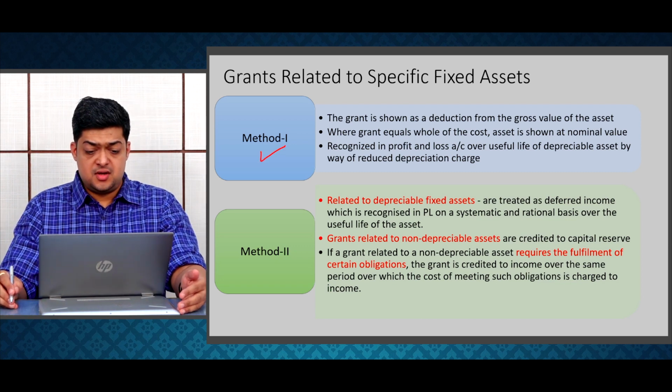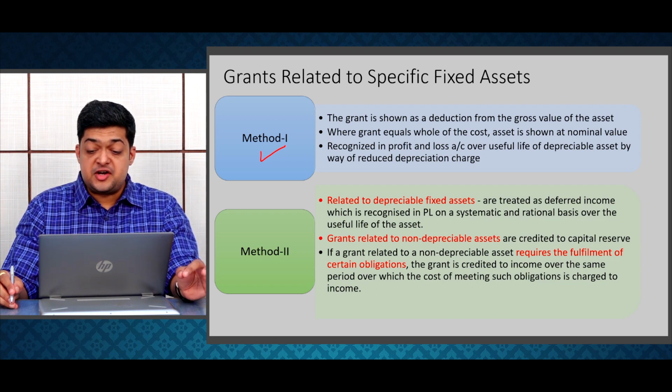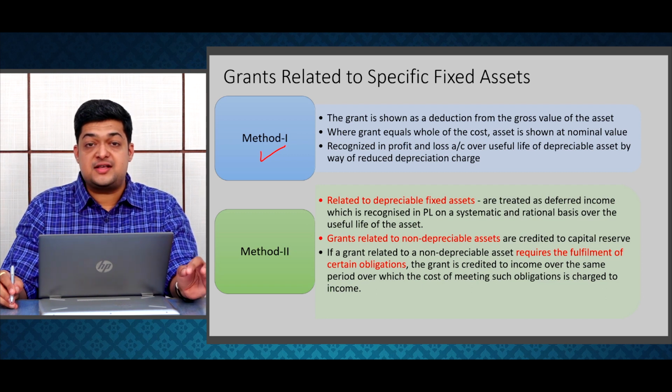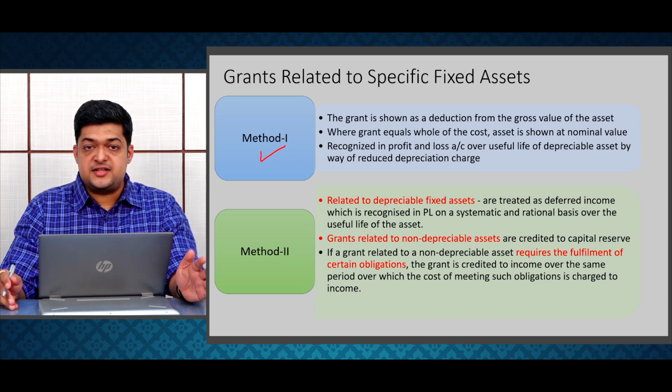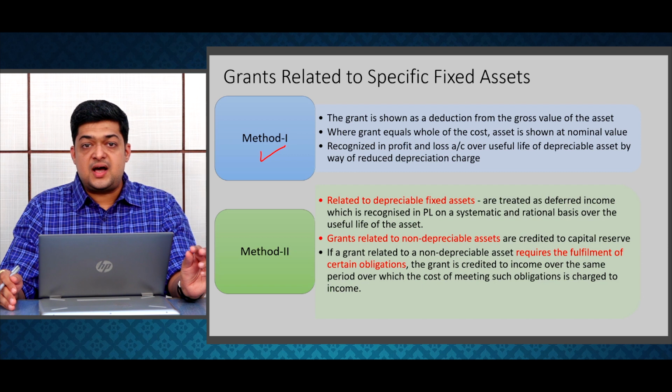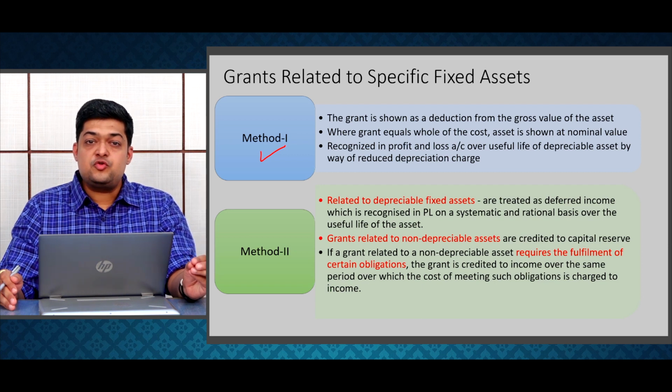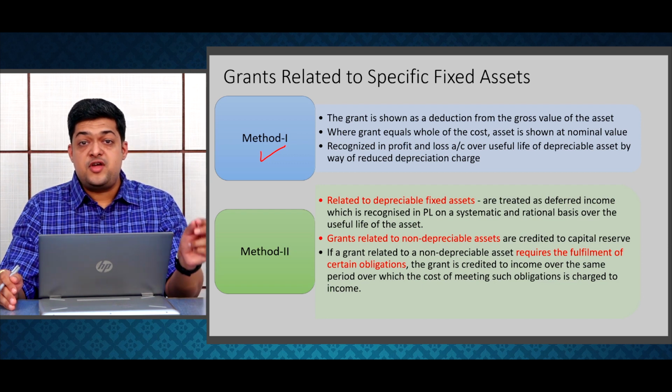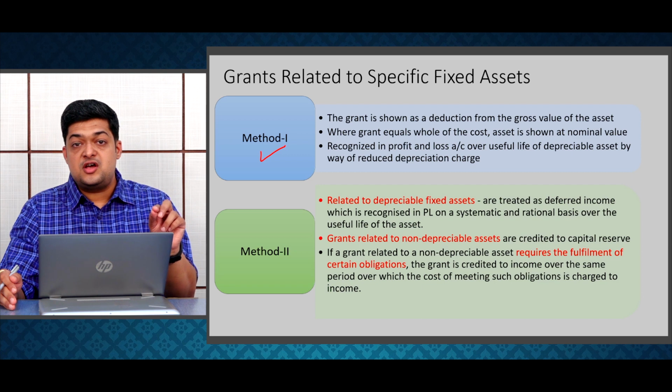What is done is, this grant is shown as a deduction from the gross value of the asset, and we are going to see one illustration on this, but understand this. For example, if the gross value of the asset is 100 crores, suppose you receive grant of 50 crores, then what we are going to do is deduct this 50 crores from the value of that fixed asset.